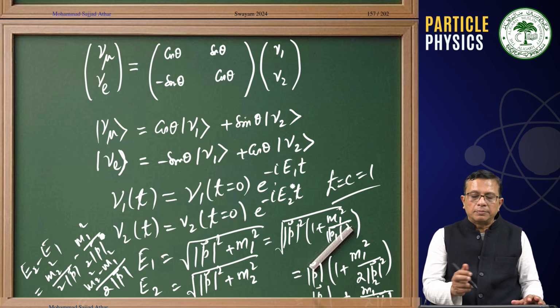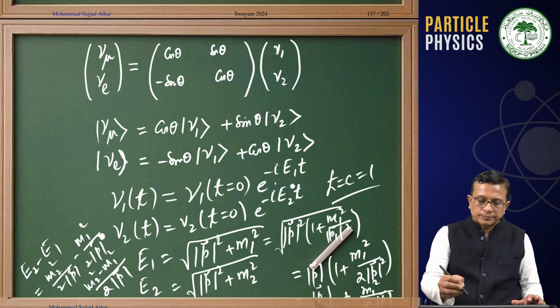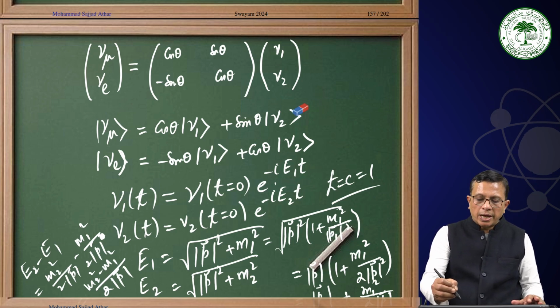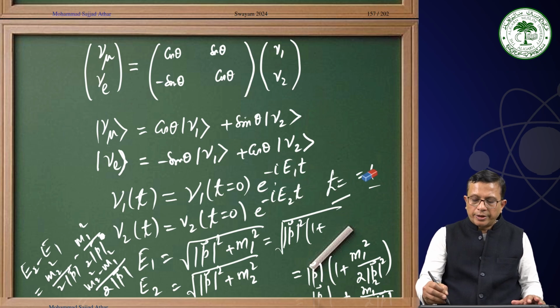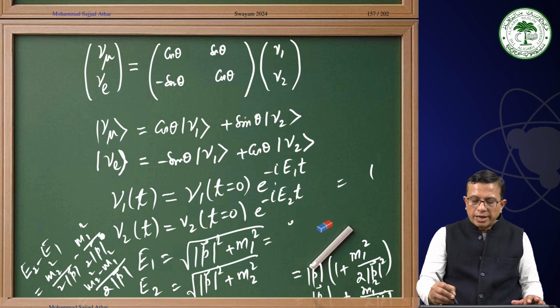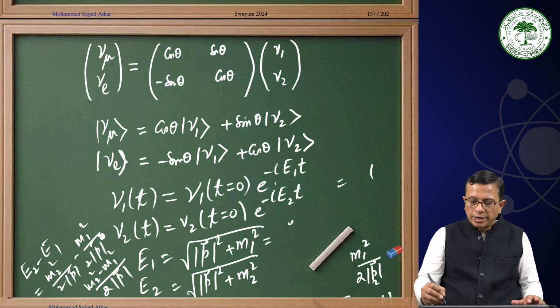At the same time, using the inverse transformation, you can write nu1 and nu2 in terms of nu mu and nu e.